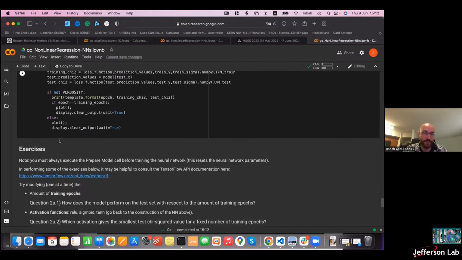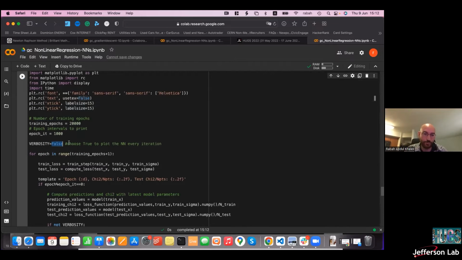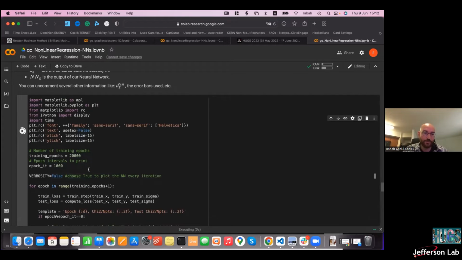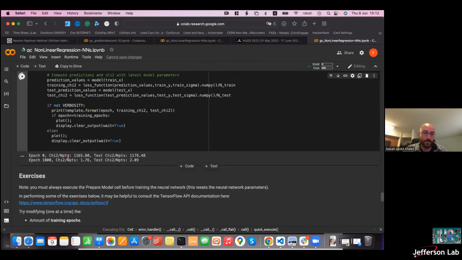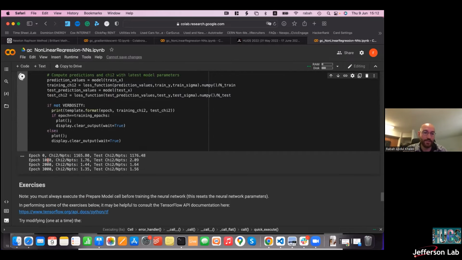There's a verbosity variable here. If you set it to true, so false would just, let's try false first. False would give you the loss function value at every 1,000 epochs, right?